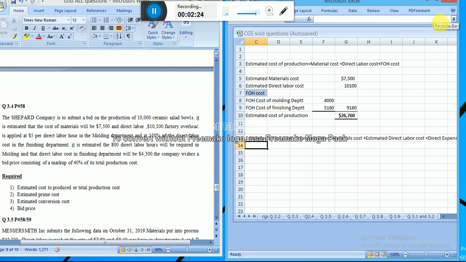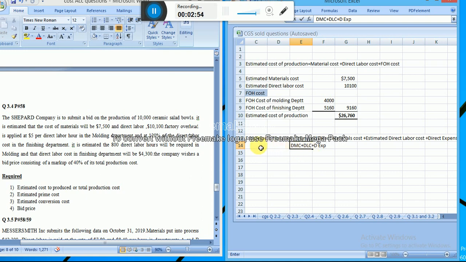This is the formula for the prime cost. So if I shorten it, that is equal to direct material cost plus direct labor cost plus direct expenses.